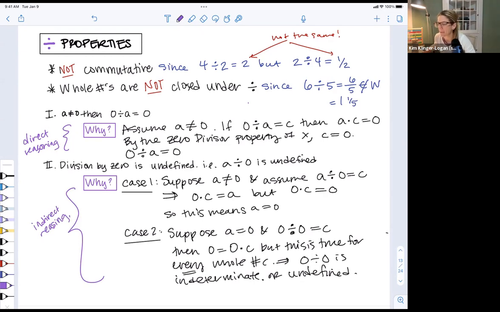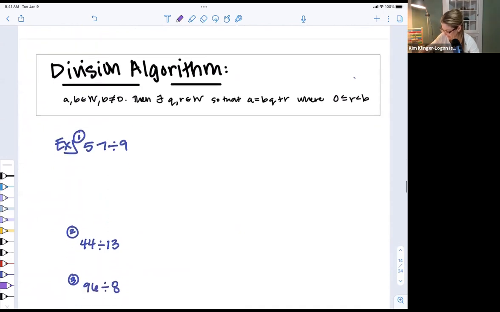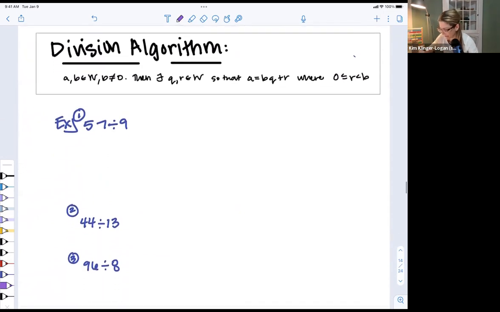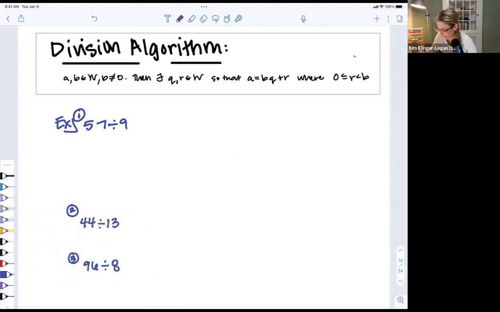Okay, so those are 2 properties that we're going to talk about with division. There's one other little term that we want to talk about in this section, and it's the division algorithm. Written out this way, it seems somewhat complicated, but it's something you have seen before and maybe just haven't given a name to.